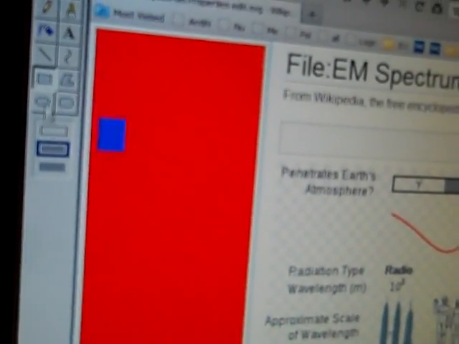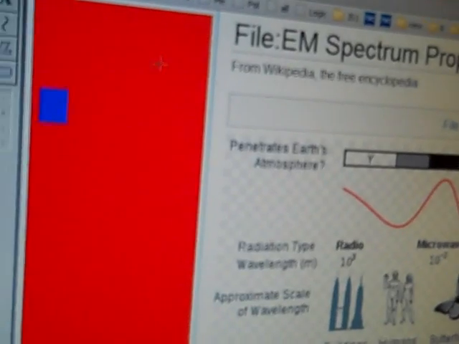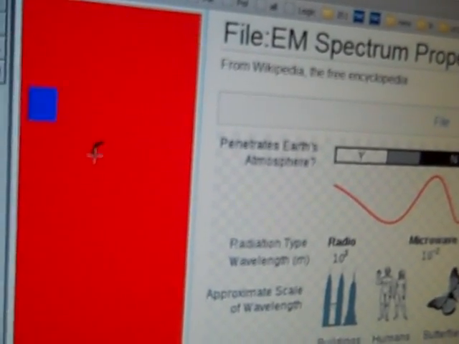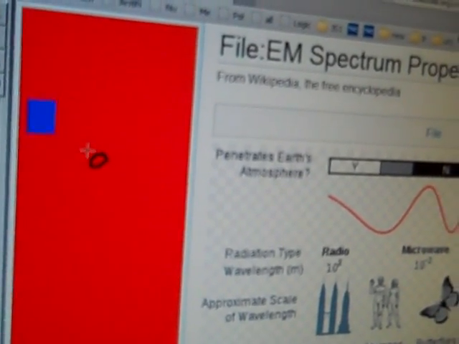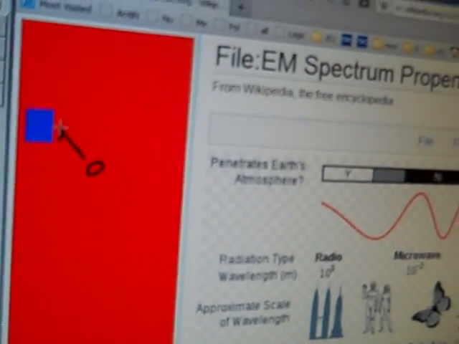Anyway, so let's say, where was I? Yeah, absorbed or reflected. Usually when we think of reflection, we think of something like a little round ball coming at something like this, and it bounces off and goes this way.